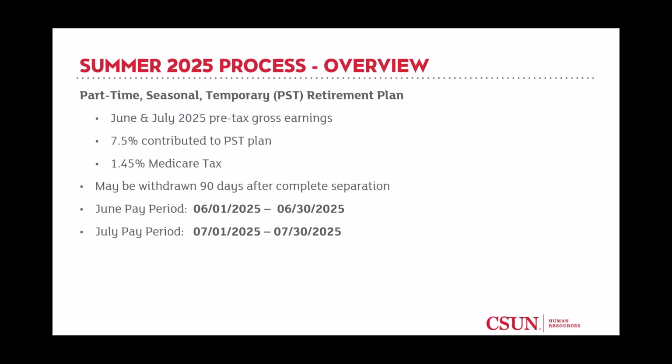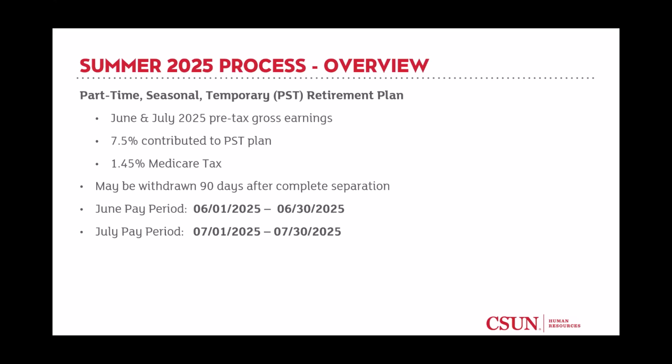Just more to review as far as the taxable portion for these 1874 students. They would fall under the part-time seasonal temporary retirement plans, or PST. This would be affecting their June and July 2025 pre-tax gross earnings. So it would be 7.5 contributed to the plan and 1.45 to Medicare.